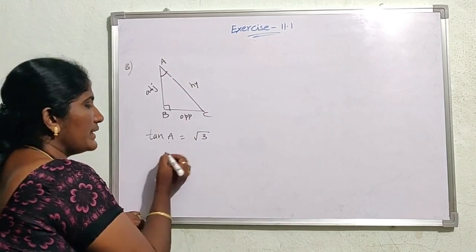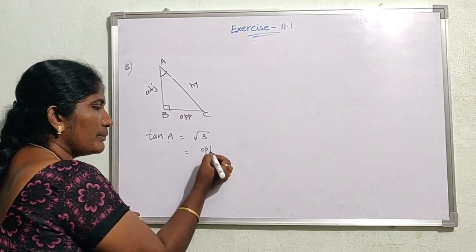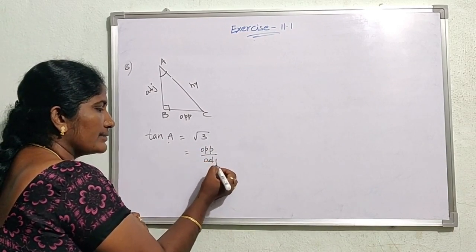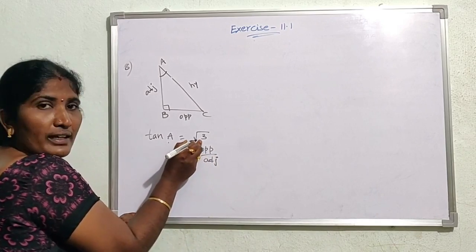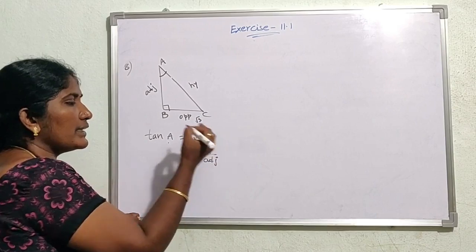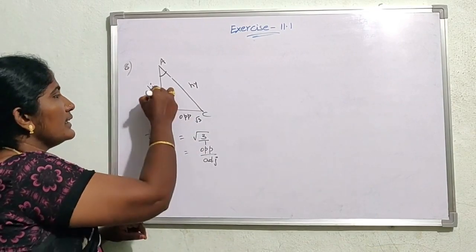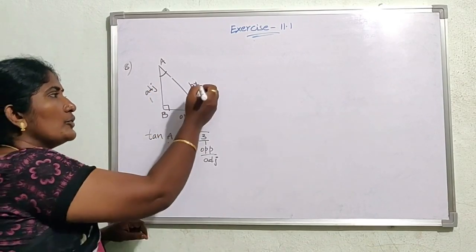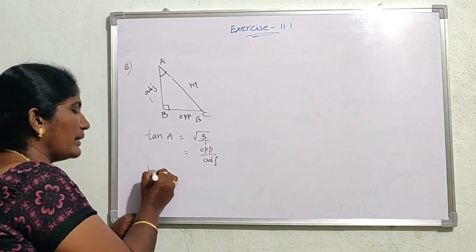Now tan A means tan A is opposite side by adjacent side. Here opposite side, what is the value of opposite? Root 3. And adjacent side, root 3 can be written as root 3 by 1. Adjacent is 1. Now how to find out hypotenuse? Again by Pythagoras theorem.